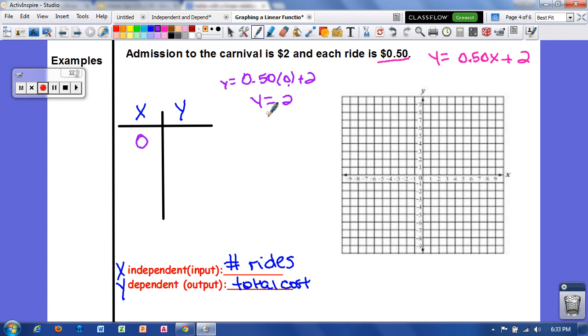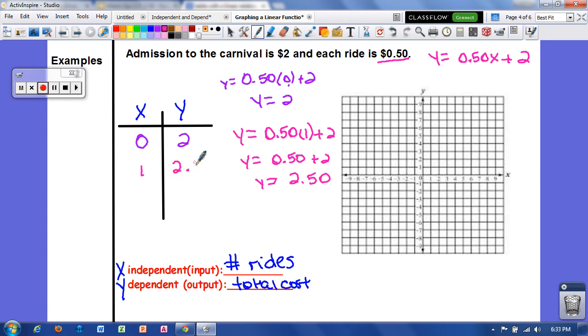So y just equals 2. Alright, let's use the number 1. So I'm going to do 0.50 times 1 plus 2. So that would be 0.50 plus 2, which would be 2.50.